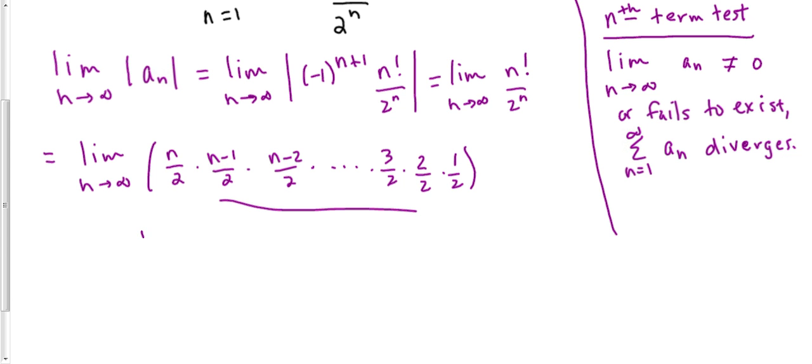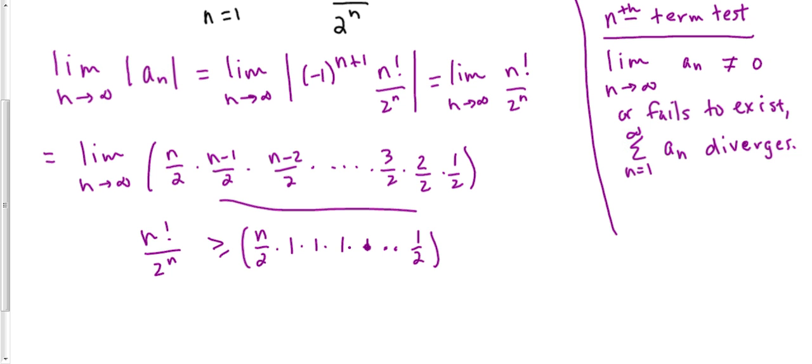So I can say that the terms of my series, n factorial over 2 to the n, are going to be greater than or equal to n over 2 times 1 times 1 times 1 times 1, all the way down to a half.